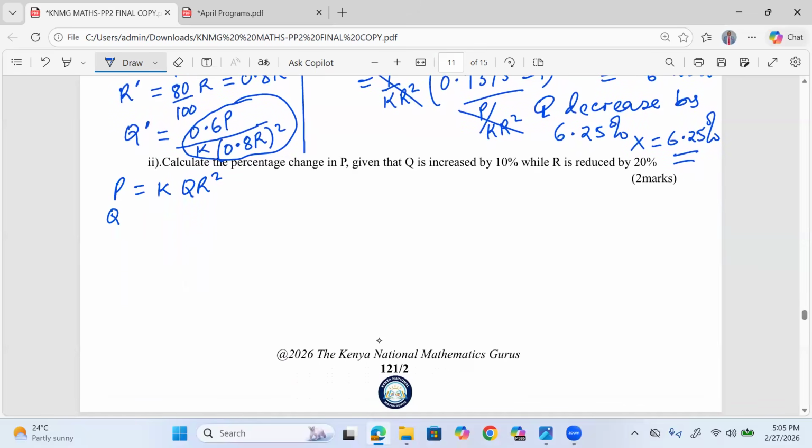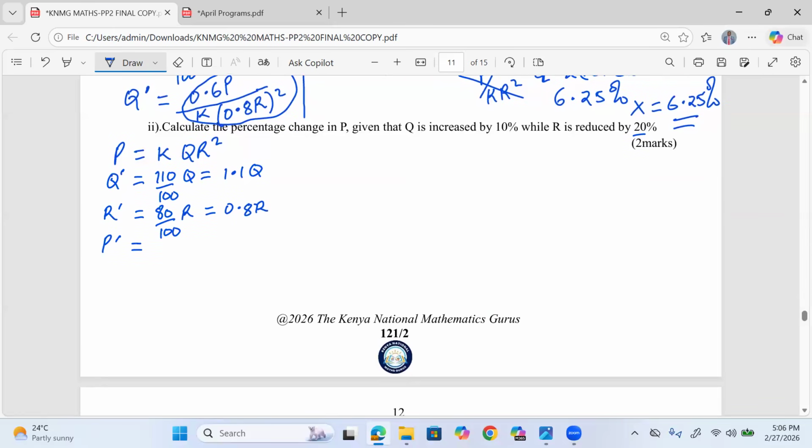So the new Q shall be, Q increases by 10, so it is 110% of original Q, which is 1.1 original Q. Then the new R becomes, R is reduced by 20%, so it's 80% of original R, 0.8 of original R, meaning that the new P shall be constant multiplied by the new Q, 1.1 of original Q, times 0.8 R squared.